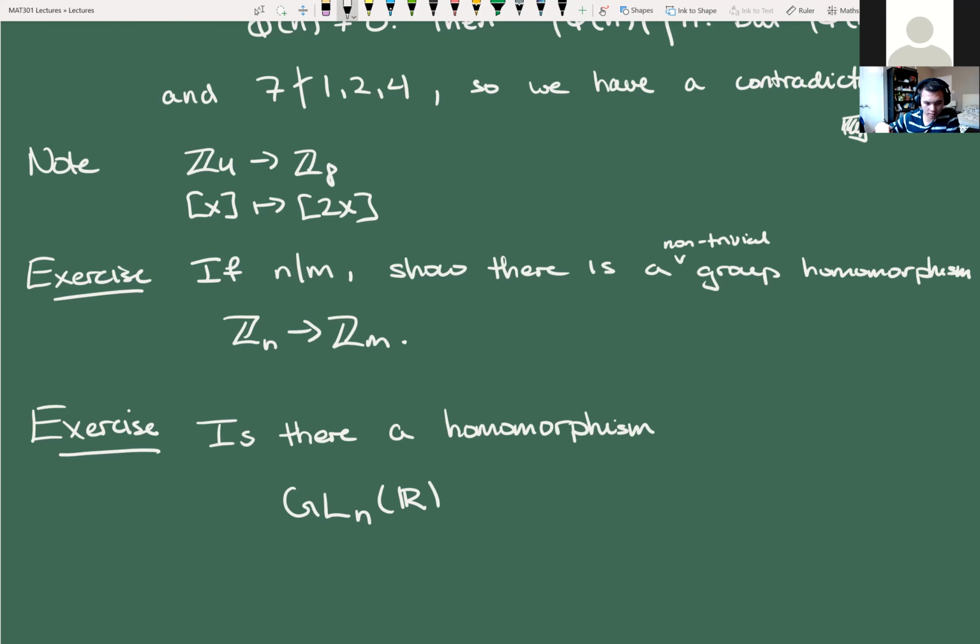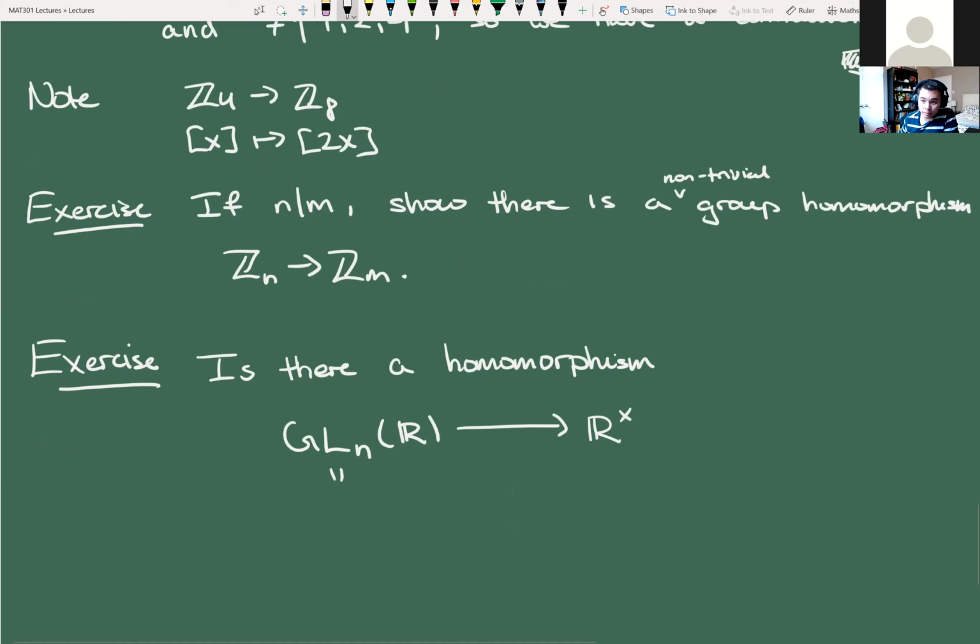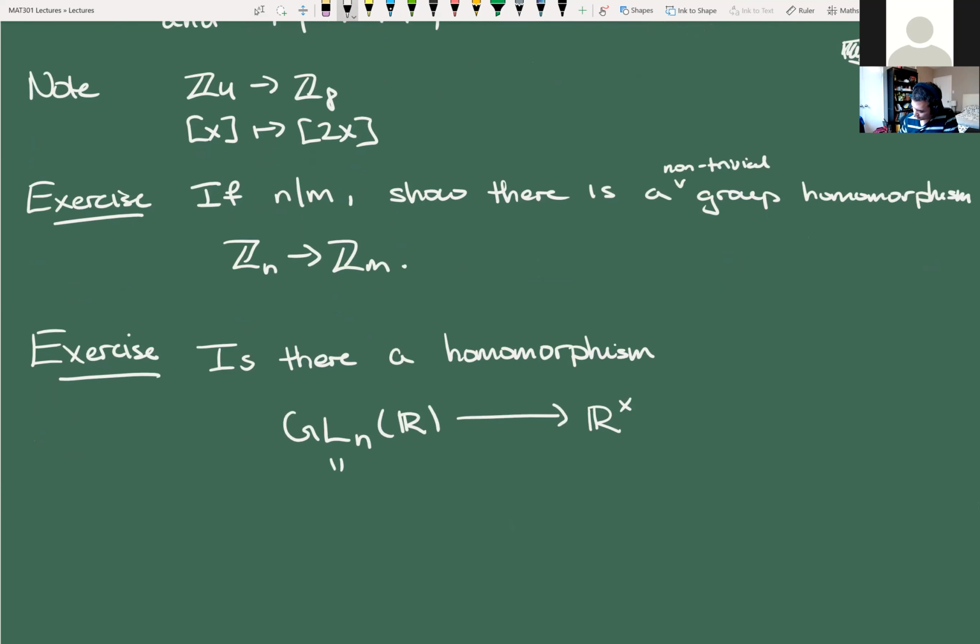But do you remember what this is? No? Okay, so this is the set of all invertible n by n matrices, such that A is invertible, right? So does that make sense? Take all the n by n matrices which are invertible.